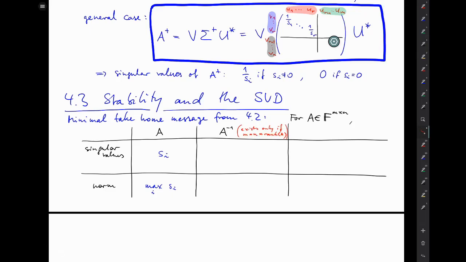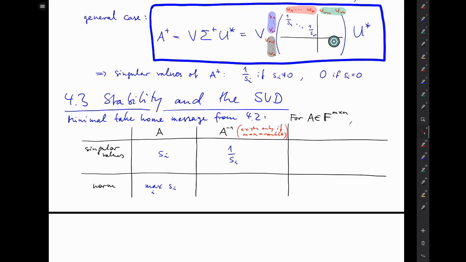Okay, but then we can talk about the singular values of the inverse matrix, and we can express them in terms of the original singular values of A, and we know that they are just the reciprocals, so they are 1 divided by s_i, and we can do that because none of them is 0.